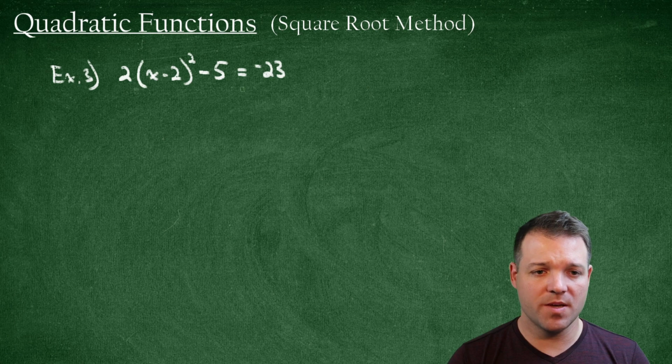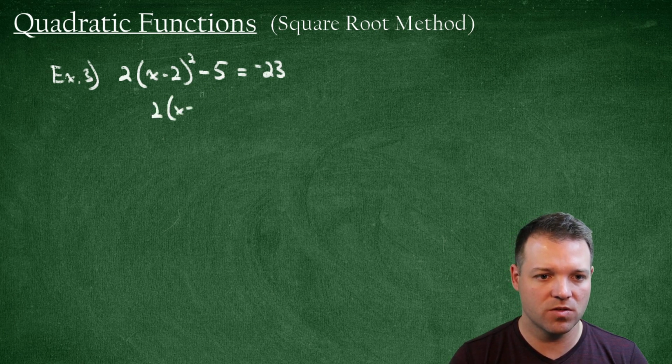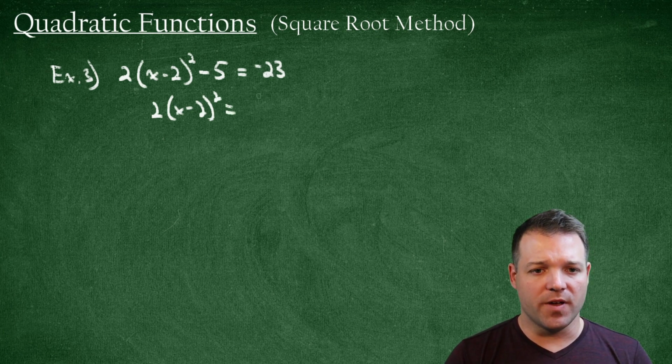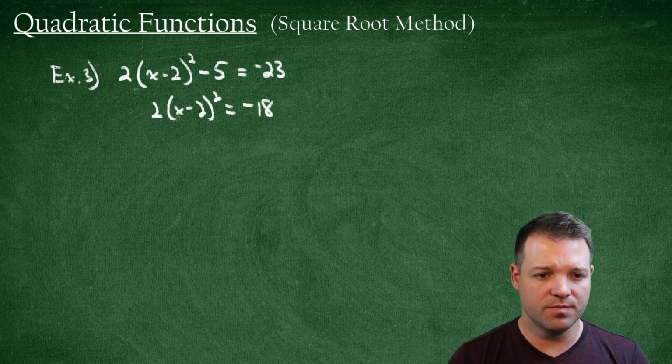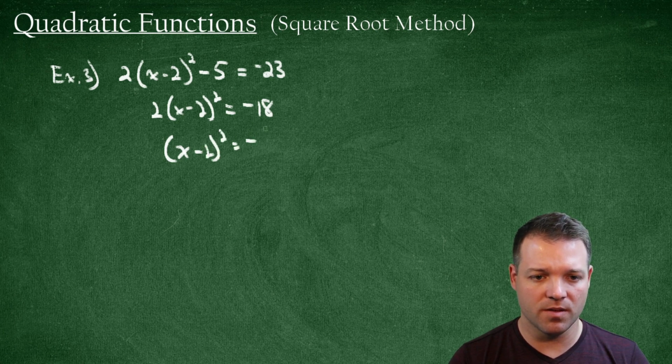Alrighty, so same type of issue here. I have a complicated piece. I need to isolate it, so I'm going to add 5 to both sides. So I'm left with 2 times (x minus 2) all squared, and if I add 5, that's going to be negative 18. Now I'm going to divide both sides by 2, getting the left side is equal to negative 9.